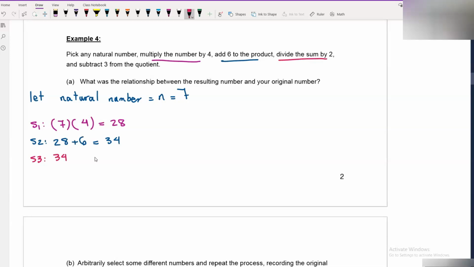So it's 34 divided by 2 is 17. This is the quotient because we divided. So this is the answer for division, and that is the quotient. Step 4. Subtract 3 from the quotient. Quotient is 17 minus 3. Our answer is 14.